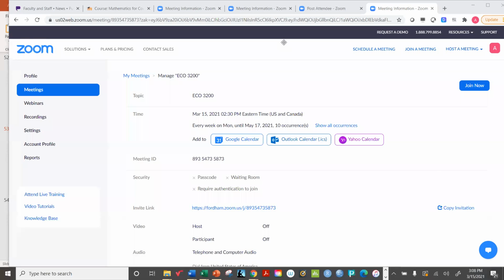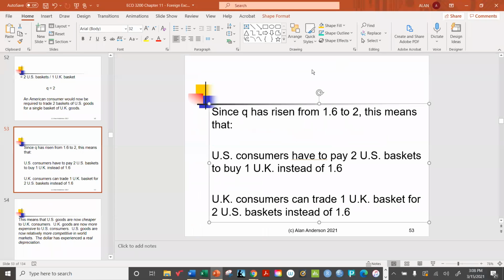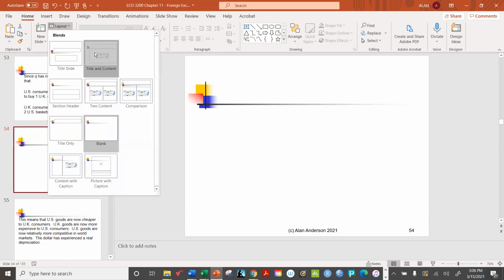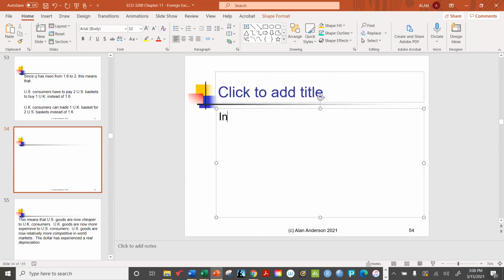Even though we're no longer dealing with dollars and pounds, when you stop and think about it, that means that in the United States, British goods have become more expensive. In the United Kingdom, American goods have become cheaper. So the natural result would be that, let me just add this here. In the US, British goods have become more expensive.